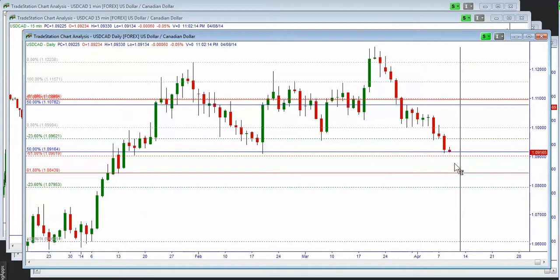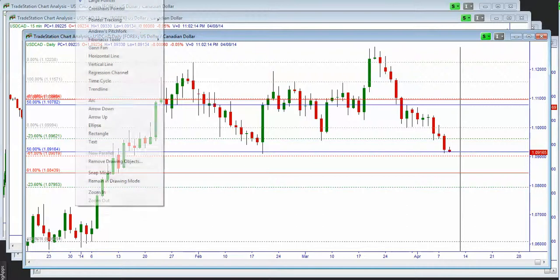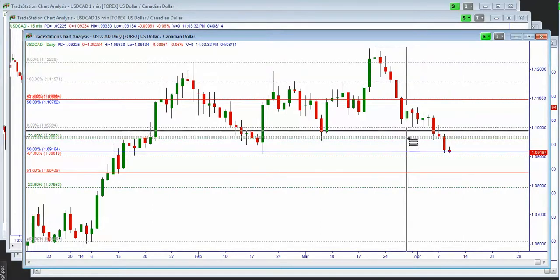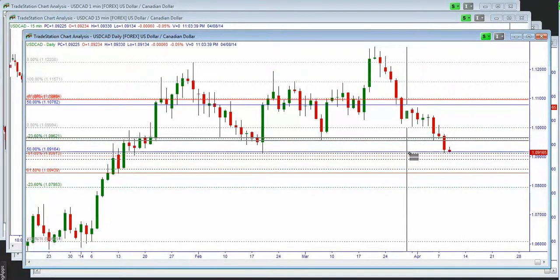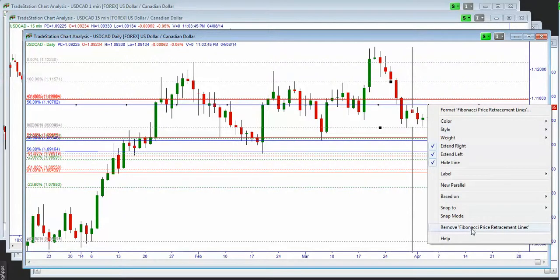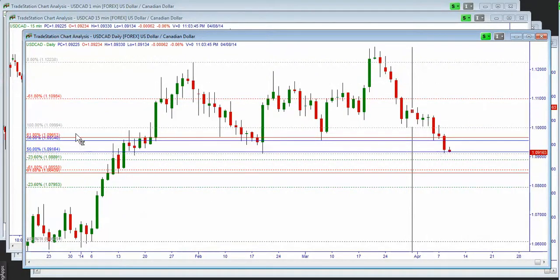But once identified, it helps us to define a level of violation of this sequence of measure moves that actually provides a confirmation of this level of support, 109.16. Price is right there as we were anticipating, and now the level I want to watch is the 61.8% of this retracement, the next measurement in the sequence.